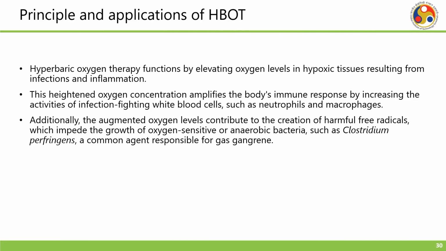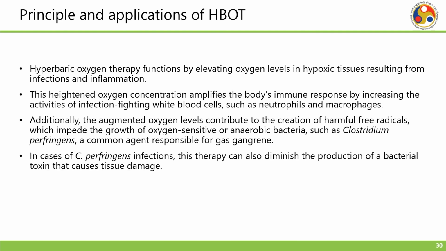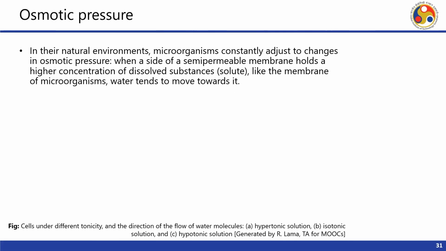Additionally, the augmented oxygen levels contribute to the creation of harmful free radicals, which impede the growth of oxygen sensitive anaerobic bacteria such as Clostridium perfringens, a common agent responsible for gas gangrene. In such cases of infections, this therapy can also diminish the production of a bacterial toxin that causes tissue damage.